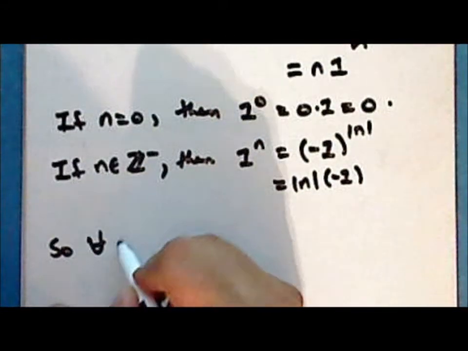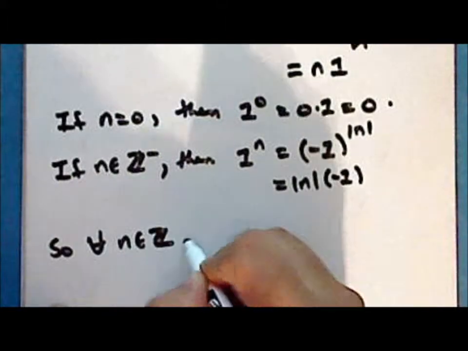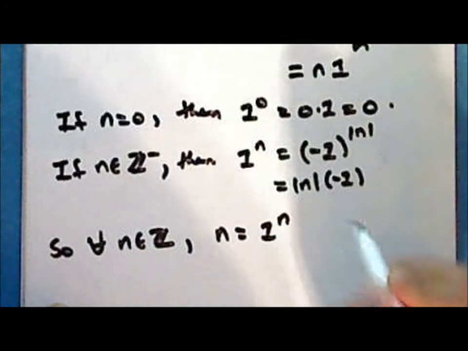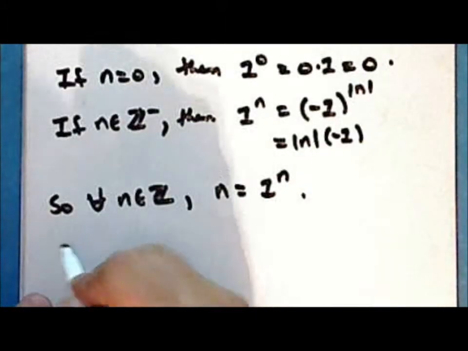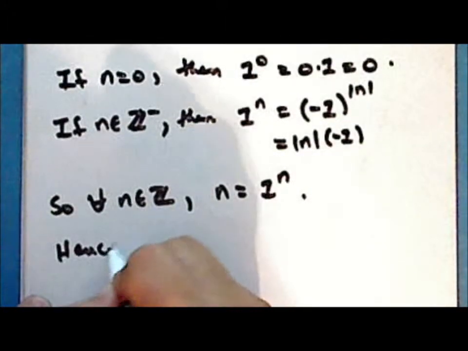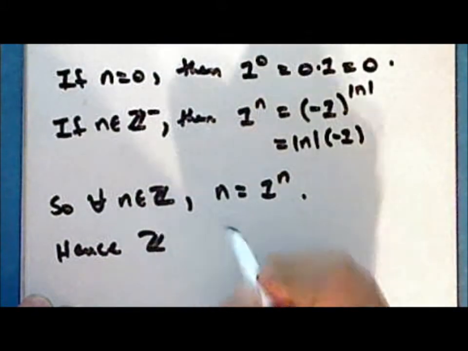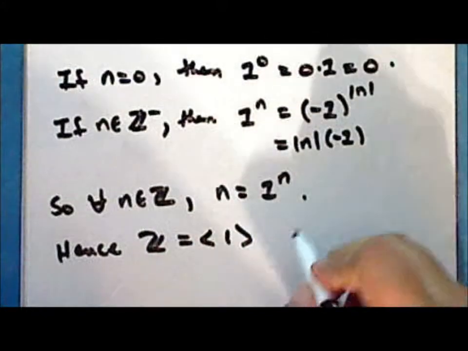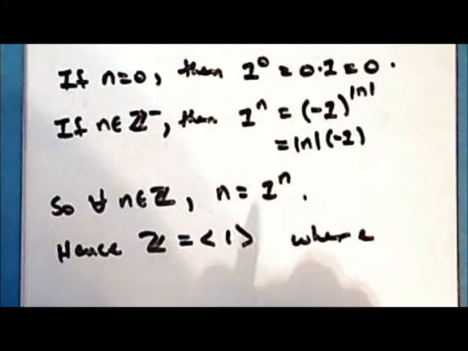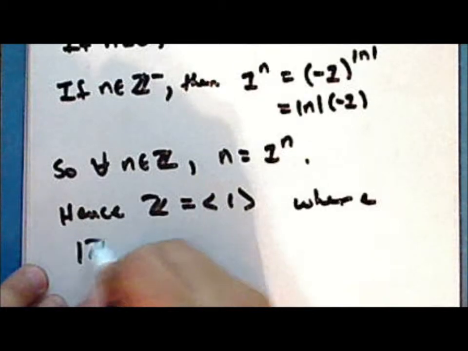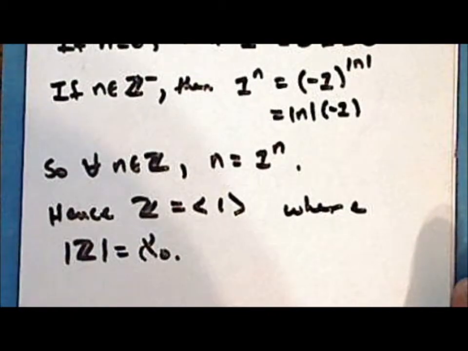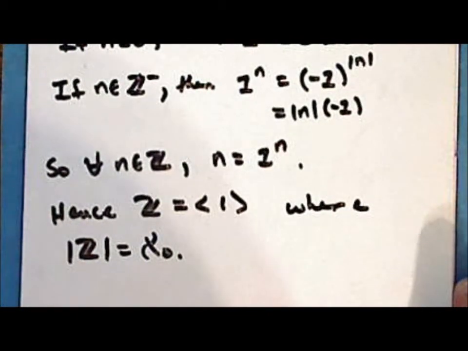So for every integer, that integer is equal to 1 to the power of n, and hence the integers is generated by the number 1, where the cardinality of the integers is the transfinite number Aleph null. It is countably infinite. So the integers is a cyclic group of infinite order.